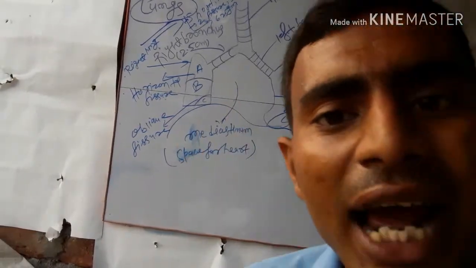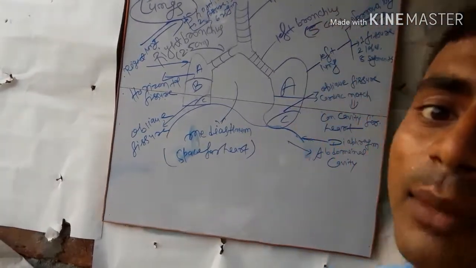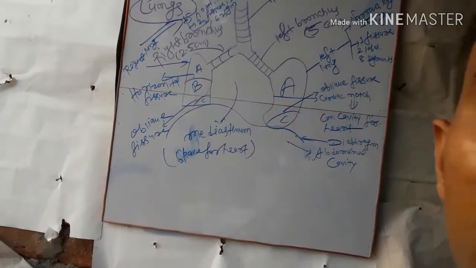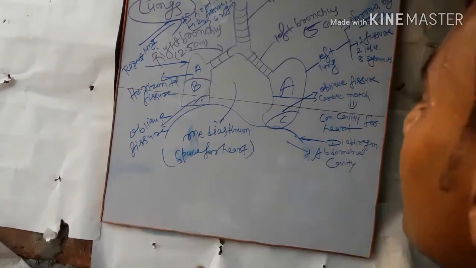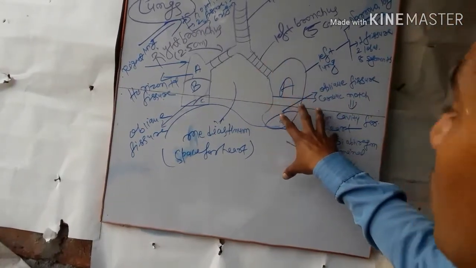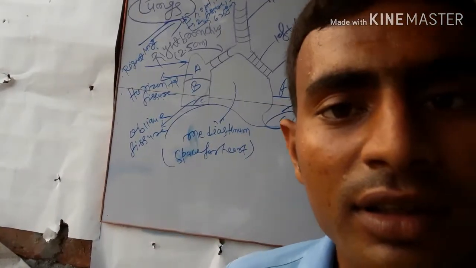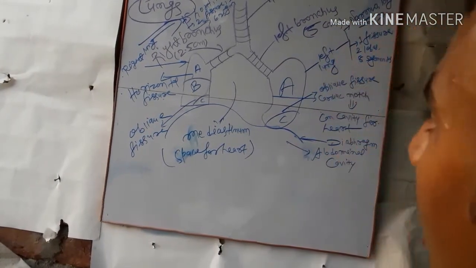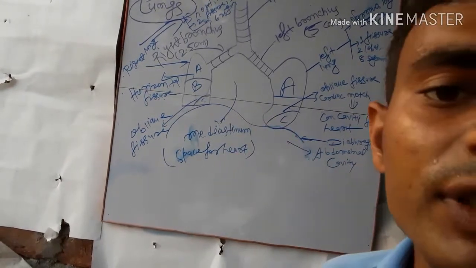This way you can understand that the right lung, by 2.5 centimeters, is higher than the left lung, and the left lung is 2.5 centimeters below the right lung. And this is the complete knowledge of the lungs.